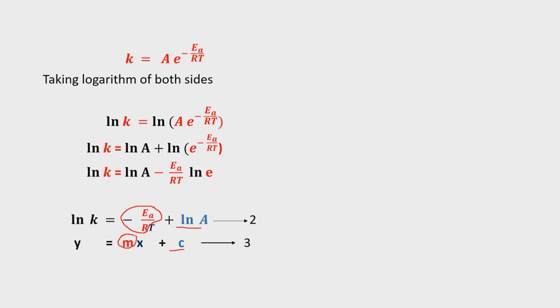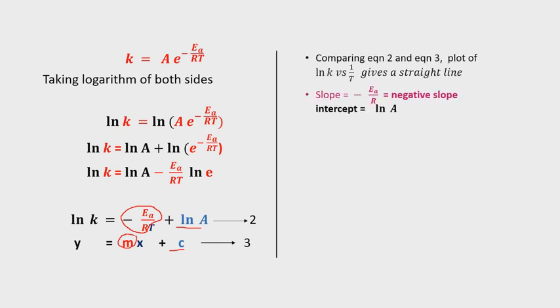Now we will check the graph. Comparing equation 2 and equation 3, a plot of ln k versus 1 by T gives a straight line. Slope equal to minus Ea by R; the minus symbol is there, so it is a negative slope. This point is important.